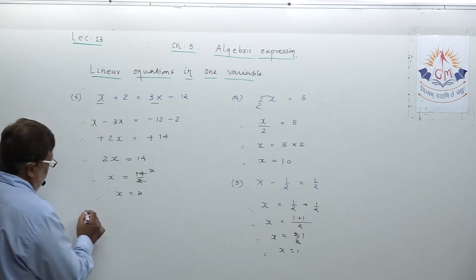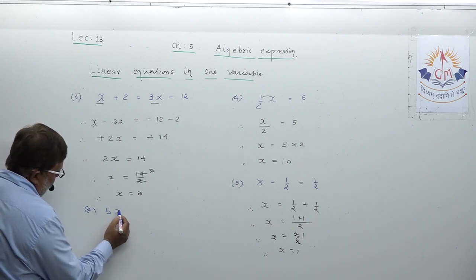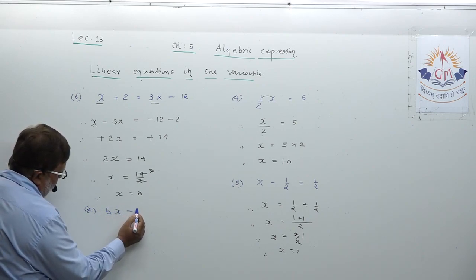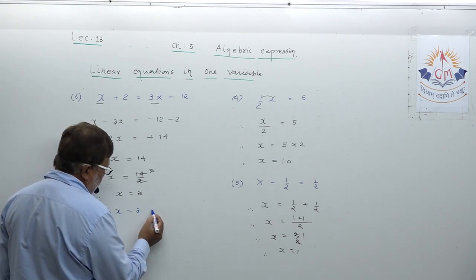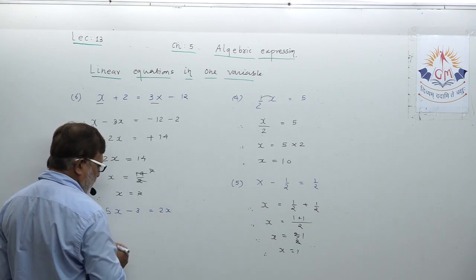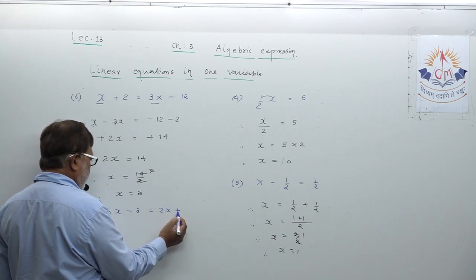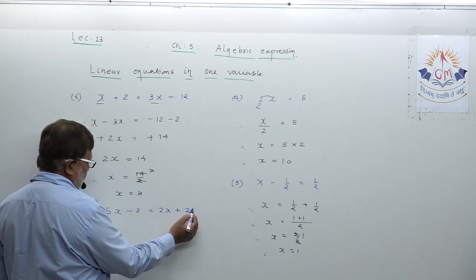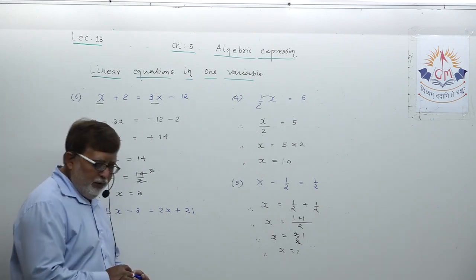Suppose it is like this: 5x minus 3 equals to 2x plus 21. Try to solve this if you can.